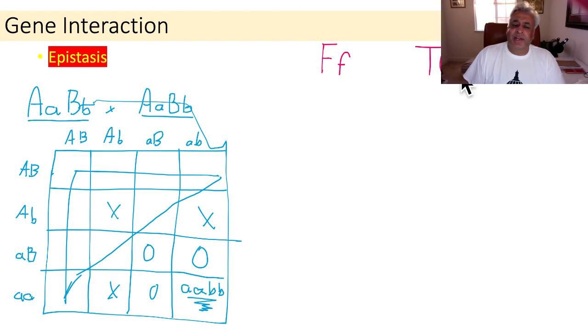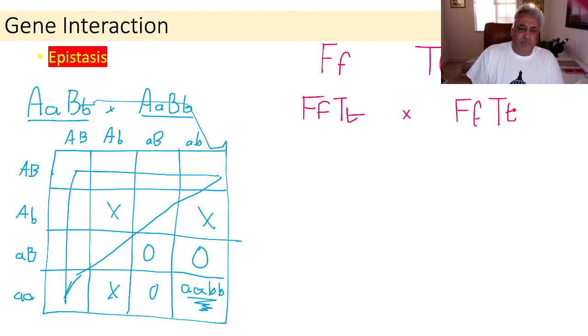So let's put a heterozygote together and do the same thing. We're going to mate a double heterozygote, like this, with another double heterozygote, big F, small f, big T, small t. There you go.